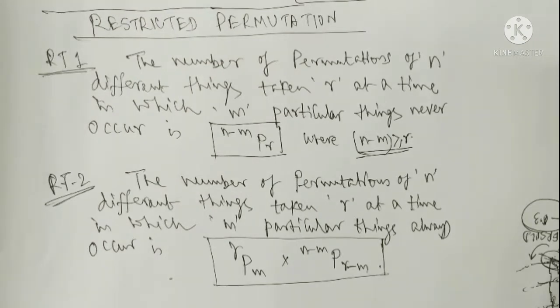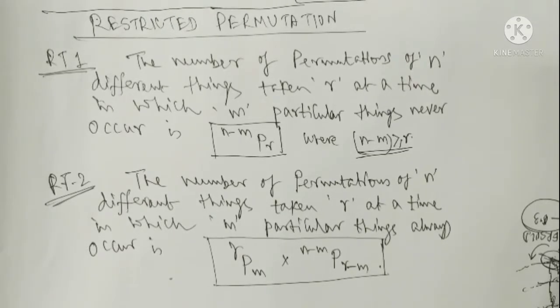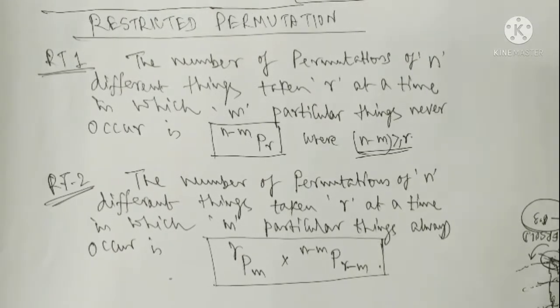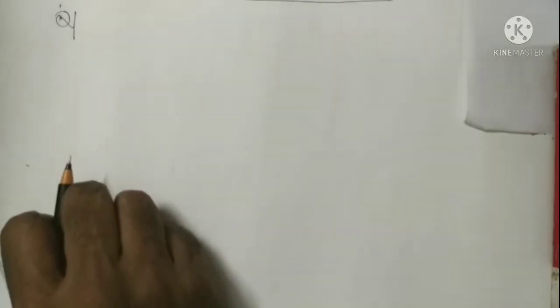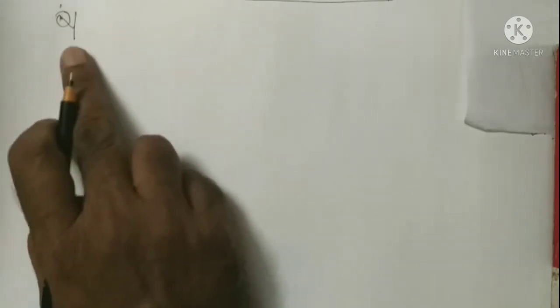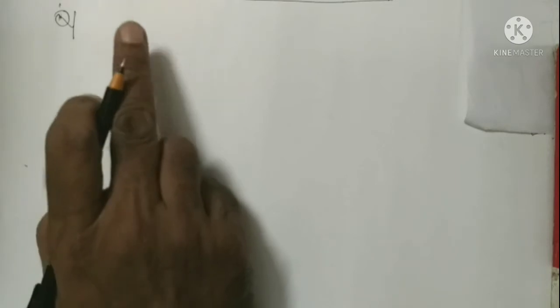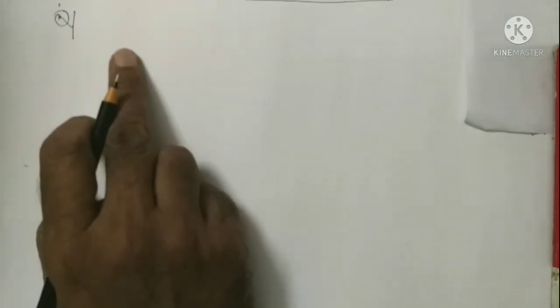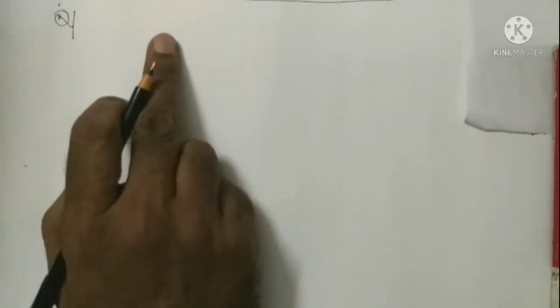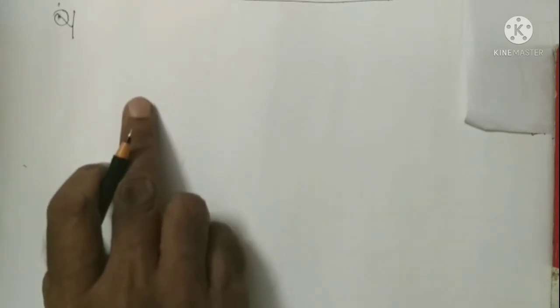Now we solve a problem in which these two restrictions can be applied, and we will mention where never occur will be applied and where always occur will be applied. Just see.